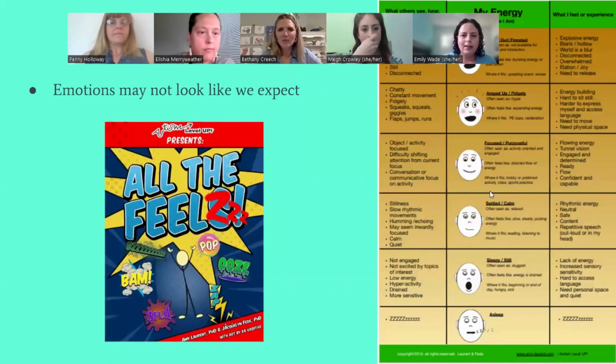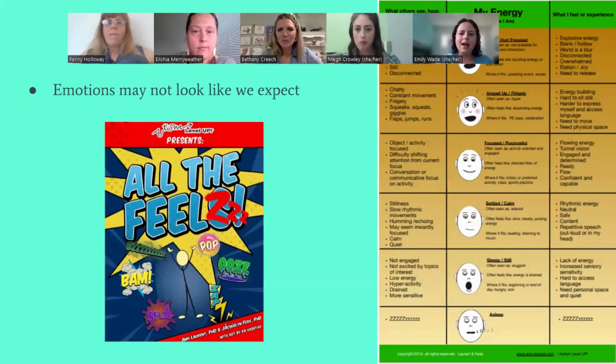Next slide. Okay, so these are a couple of other things also from Autism Level Up. And these really relate to the idea that as we're talking about interoception and being aware of your feelings, first of all, a lot of autistic people and different neurotypes really have difficulty with interoception.